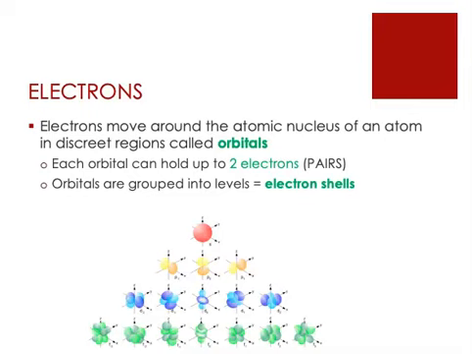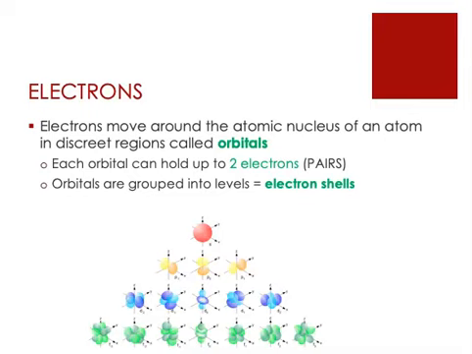These regions where electrons can be most likely found are referred to as orbitals. Each orbital, each region that surrounds an atomic nucleus, can hold up to 2 electrons. In other words, each one of these orbital regions can hold a pair of electrons.